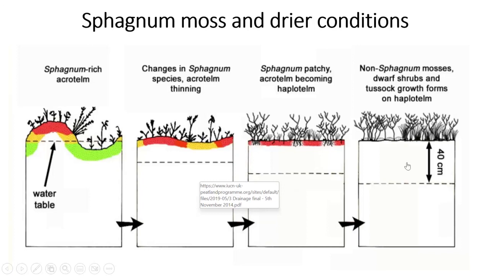And then finally, as your water table drops, you really lose the ability for that area to hang on to those wet-loving species, and it's bog myrtle, dwarf shrubs, etc., and now it's become a heathland, and eventually that could become encroached upon by scrub.